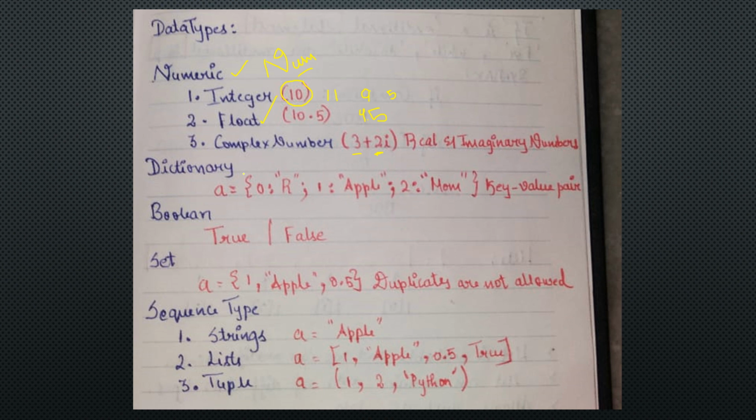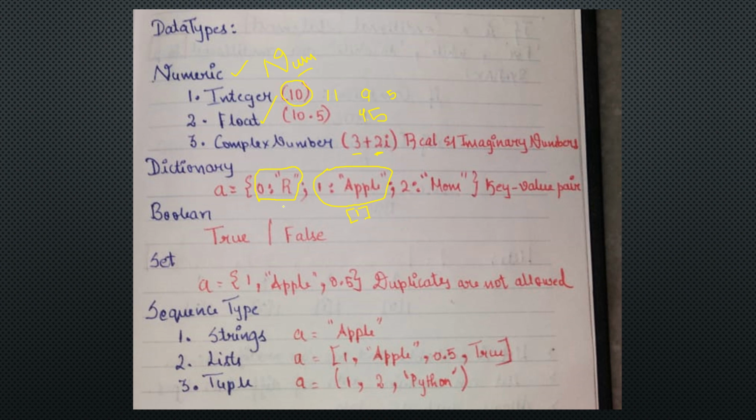Now what is a dictionary? A dictionary is always a collection of key value pairs. Consider this one element in a dictionary. A dictionary is usually enclosed inside curly braces, and this is one element, this is another element, which is at index 1 because we always start indexing from 0.